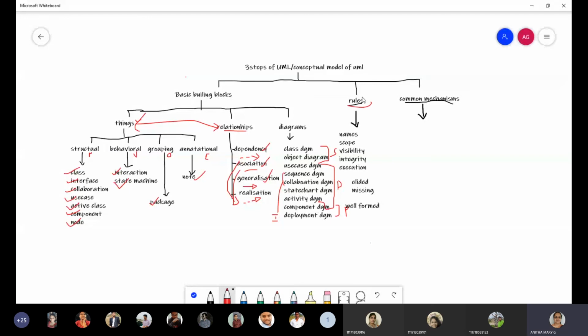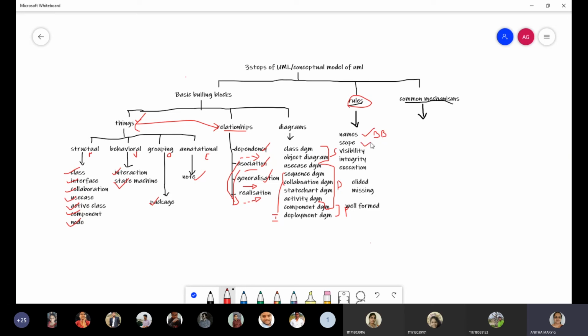These are the 5 rules. Names are nothing but all the basic building blocks we are talking about: things, relationships and diagrams.